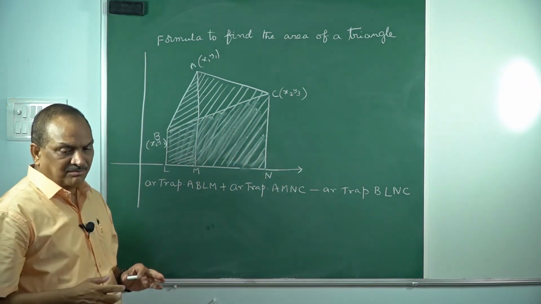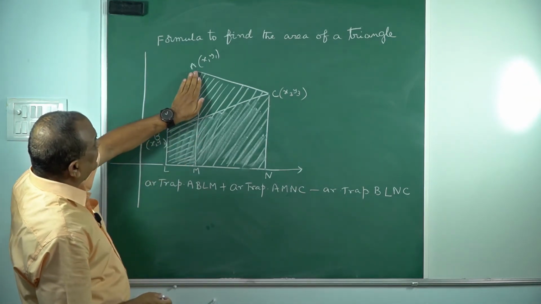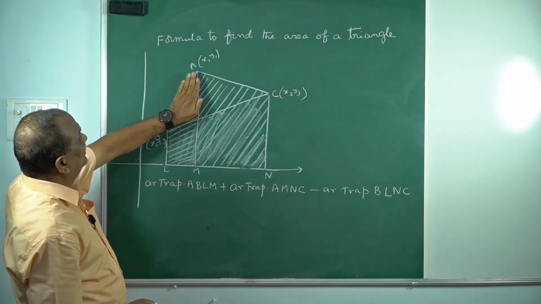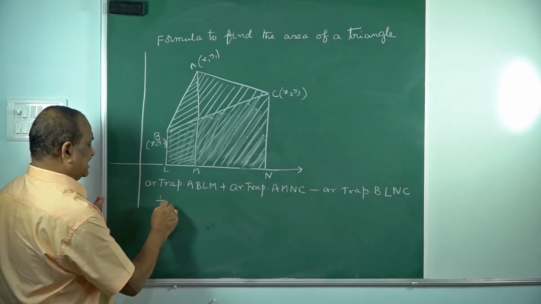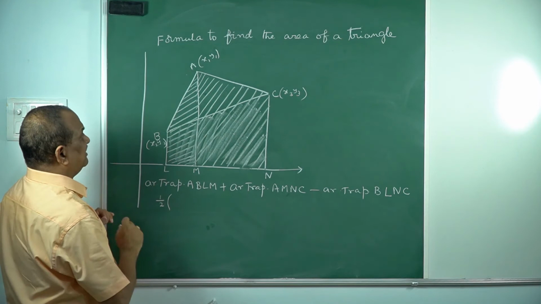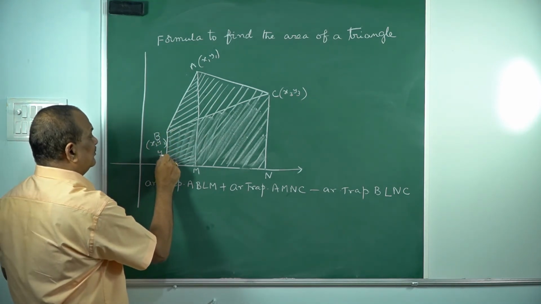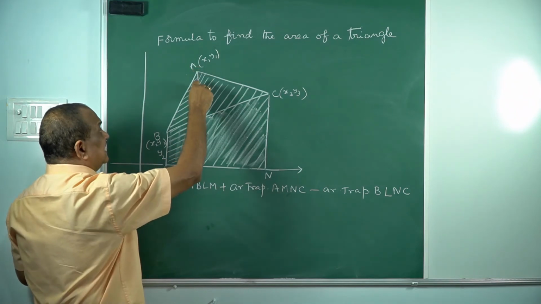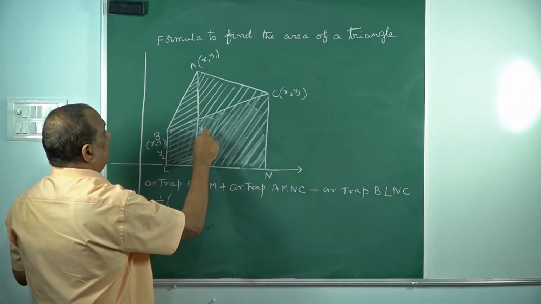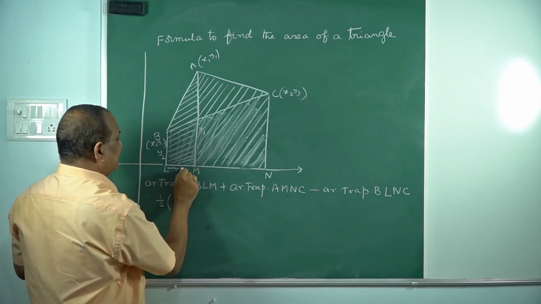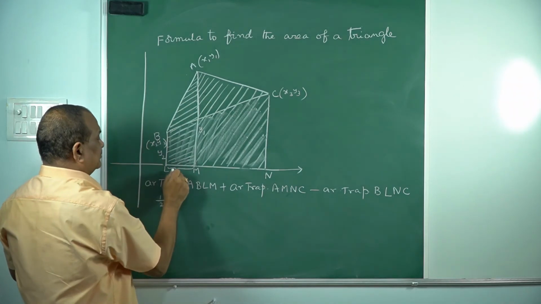So if you want to find the area of this first trapezium, it is half the sum of the parallel sides multiplied by the distance between them. This height is y2. This height is y1. And the distance between them is the difference of x coordinates, x1 minus x2.